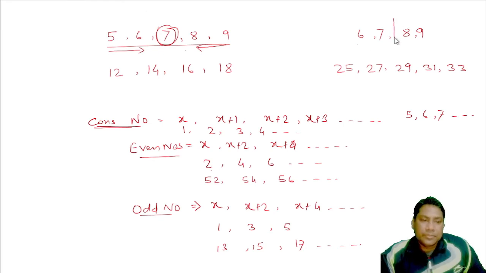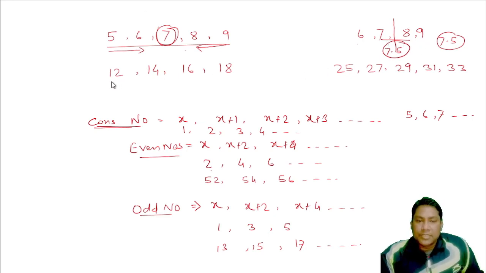The middle number will be somewhere here. The middle number between 7 and 8 is 7.5. It is very easy to take out the middle value of 7 and 8, that is 7.5. So 7.5 will be the average of the consecutive numbers 6, 7, 8 and 9.